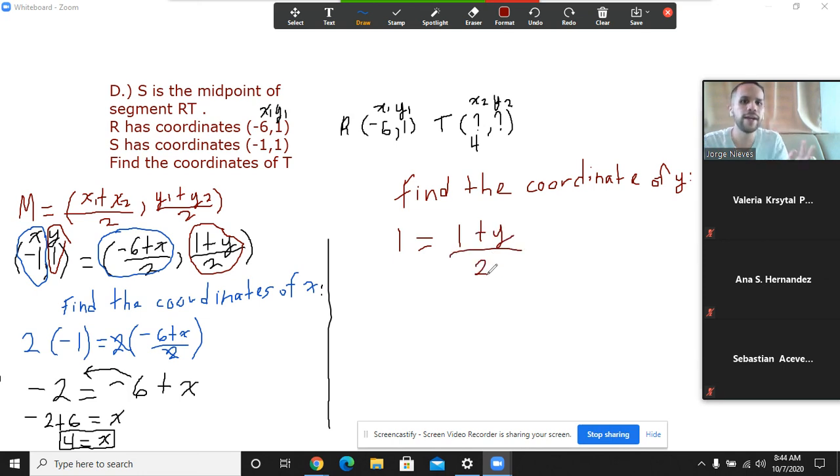So again, how do I get rid of 2? Well, I'm going to multiply by 2 on both sides. Okay, that's always the same step. So if I multiply by 2 here, I'm going to multiply by 2 on the left. So it's going to be 2 times 1 is 2, students. And on the other side, I got left 1 plus y. So in other words, I'm going to move the 1 to the other side, sorry.